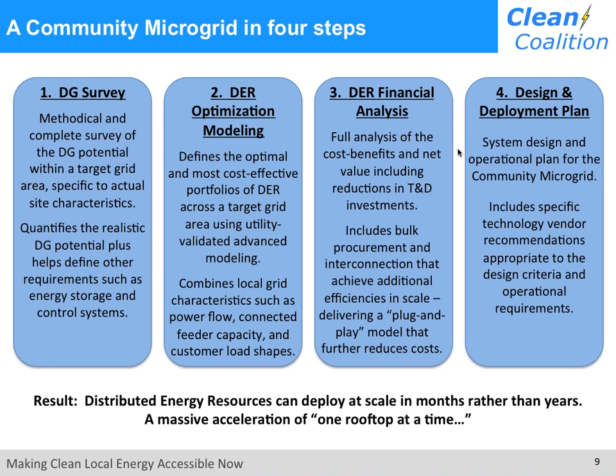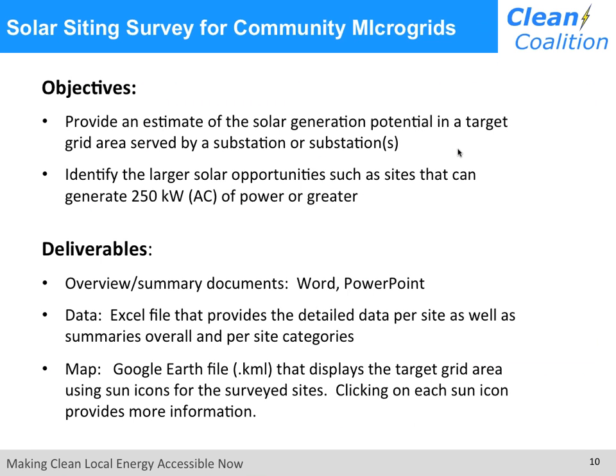And this gets into what we're going to dive into today in more detail, which is our solar siting survey. We use 4 steps to achieve a community microgrid deployment. The first step, of course, is looking at the area to find out what's the potential. How much distributed generation is available in a particular community or substation area?